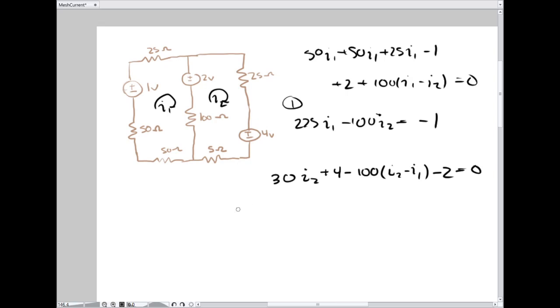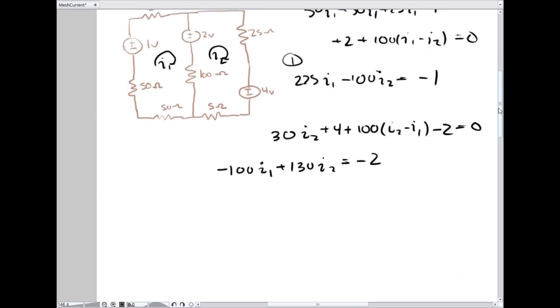So that's 100 I. Why did I put a minus here? No idea. Positive 1 minus 100 I1 plus 130 I2. That's positive 2, so it's equal to minus 2 on this side. Cool.